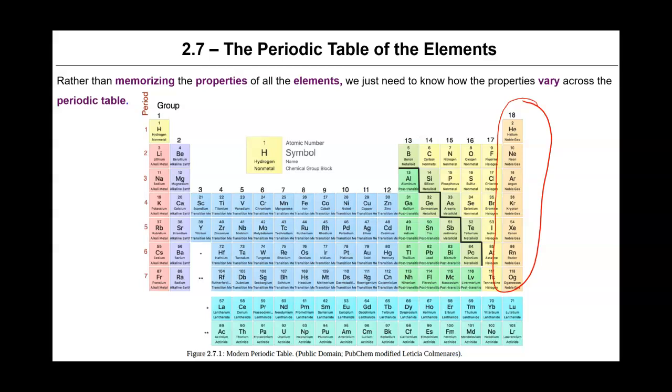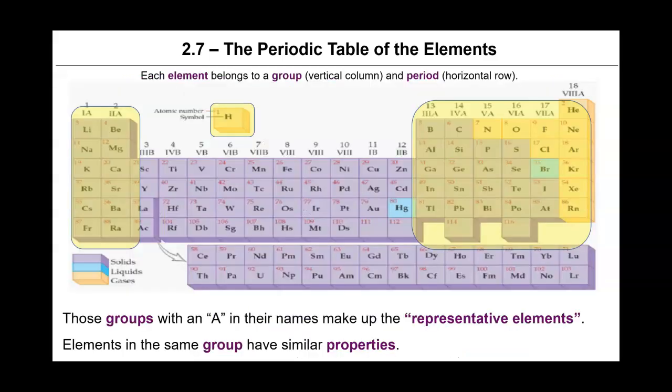Later on we will see that all of the elements that are metals are on the left of the periodic table, and so on and so forth. So there's a bunch of properties where we just need to know the pattern of how these things vary across the periodic table, and we don't have to remember anymore the individual properties of the elements.